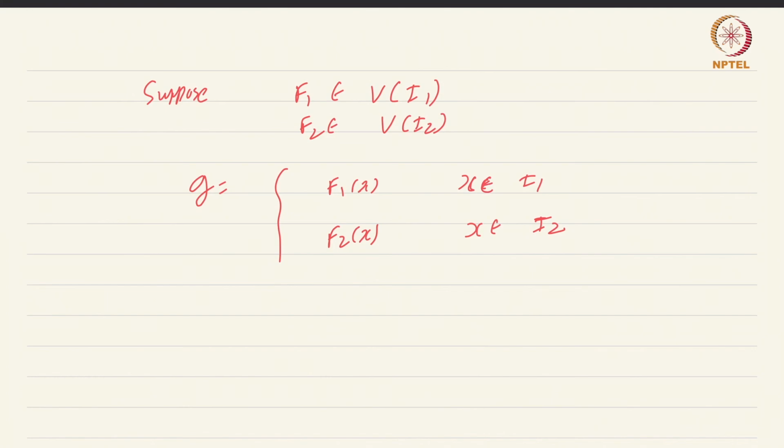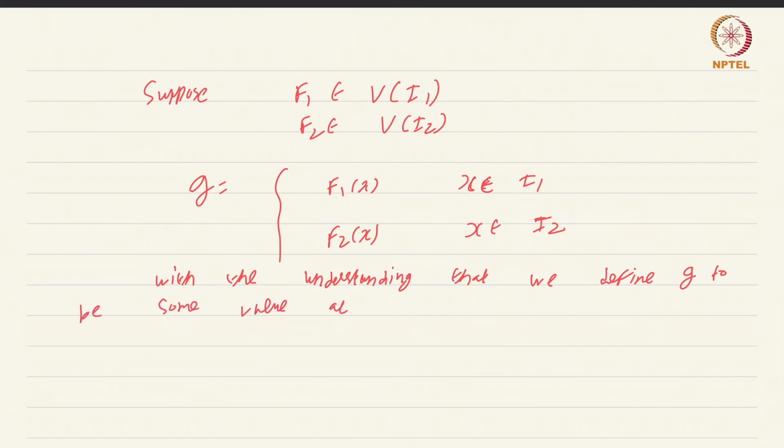Technically this definition is not exactly precise, because it can happen that there is an endpoint in common between I1 and I2, with the understanding that we define g to be some value at I1 intersection I2. It really doesn't matter whatever value you put. You can choose your favorite real number and put g to be that in that place.